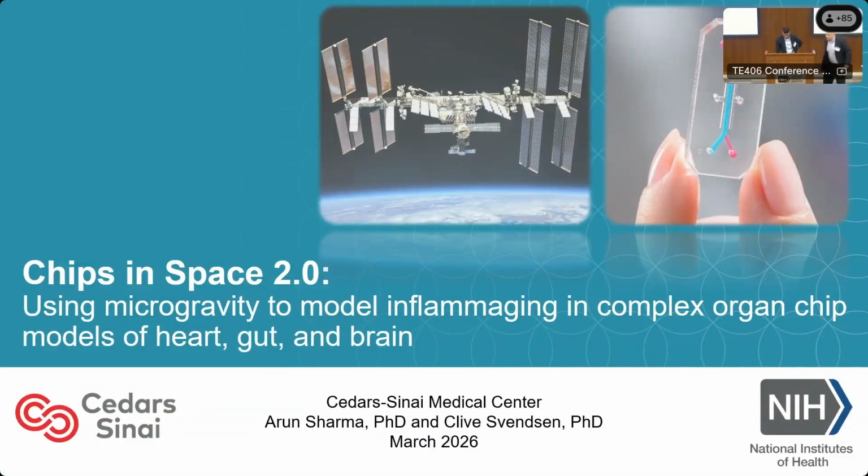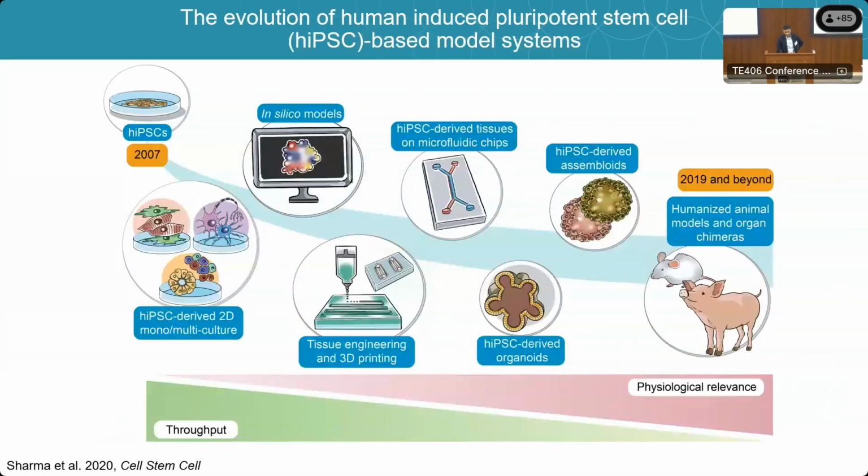Oh, okay, got it. So this has been alluded to in a number of talks already, but there's been a dramatic evolution in the model systems derived from induced pluripotent stem cells over the past 20 years. In fact, this year is the 20th anniversary of the initial derivation of human-induced pluripotent stem cells by Shinya Yamanaka and colleagues in Japan.